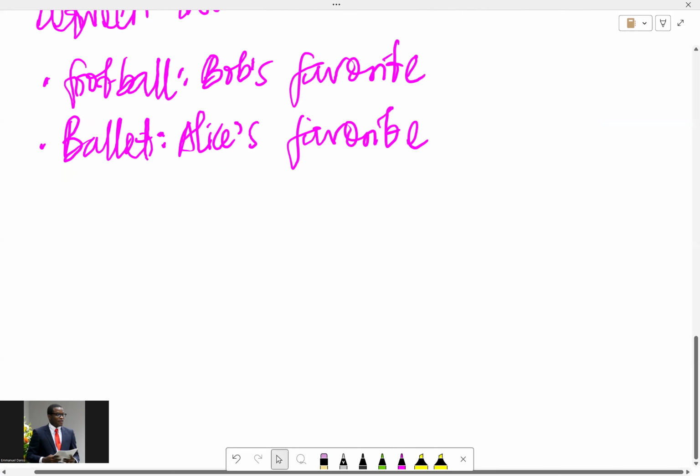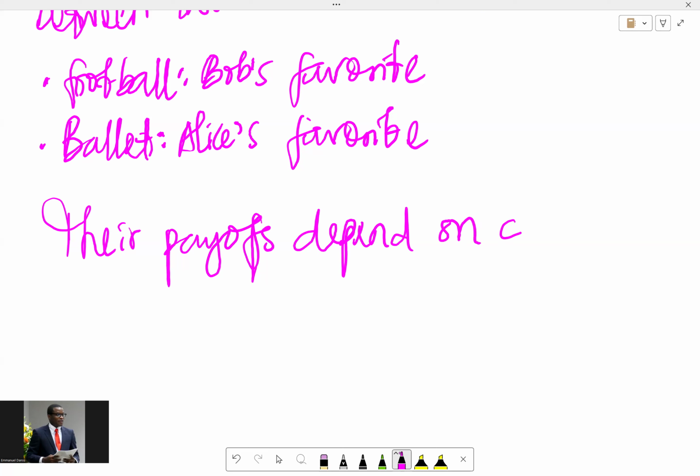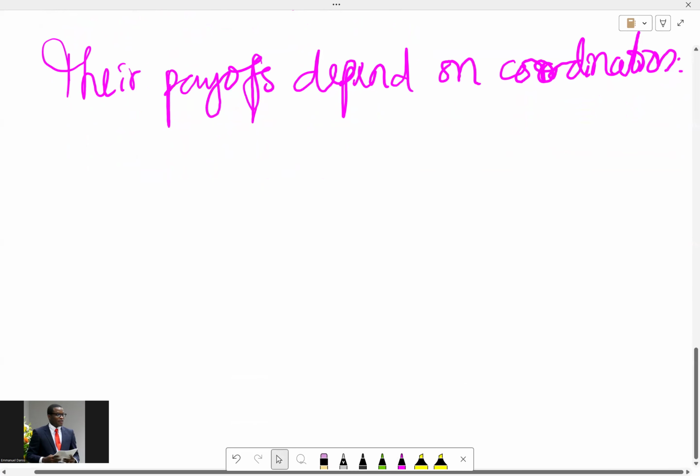So imagine their payoffs depend on coordination. Coordination means that they need some kind of agreement, because they want to enjoy an activity together, but they have their favorites.